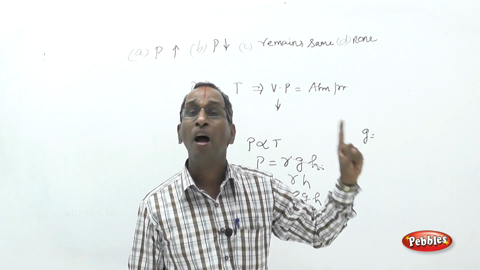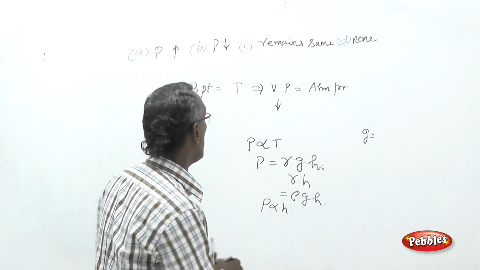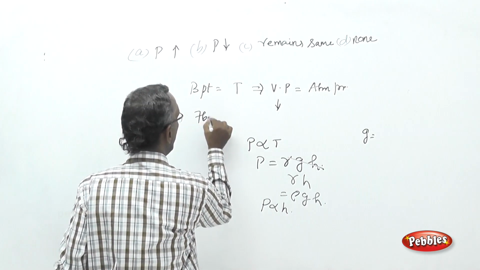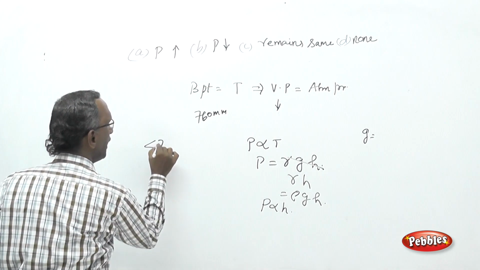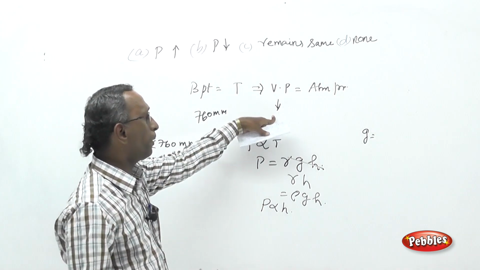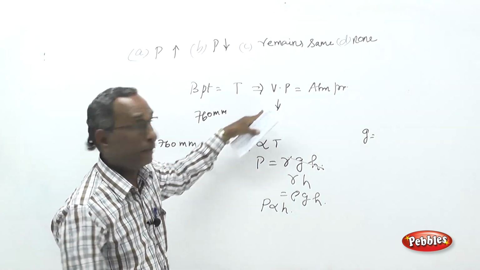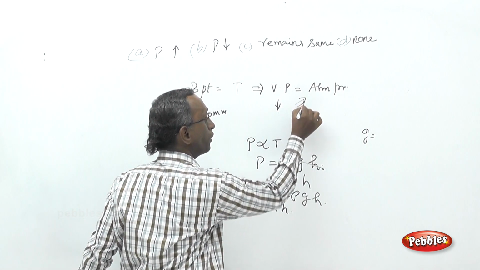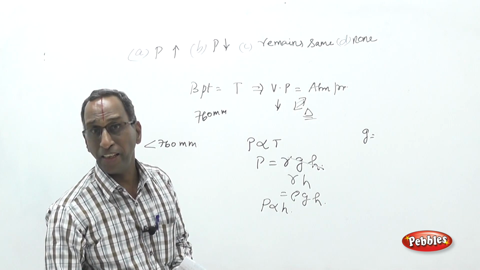Pressure decreases means the atmospheric pressure value decreases. The normal atmospheric pressure value is 760 millimeters. At high altitudes, it is less than 760. If it is less than 760, the vapor pressure is lowered, that is, the vapor pressure of water is lowered. For it to be equal to atmospheric pressure, it has to be heated further.